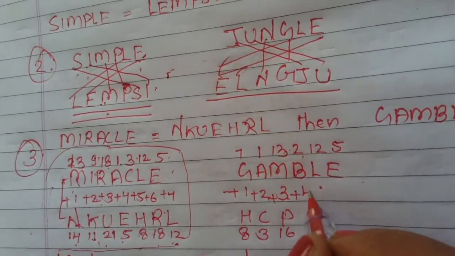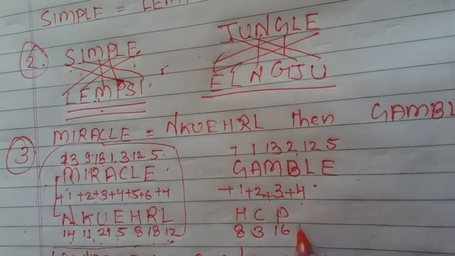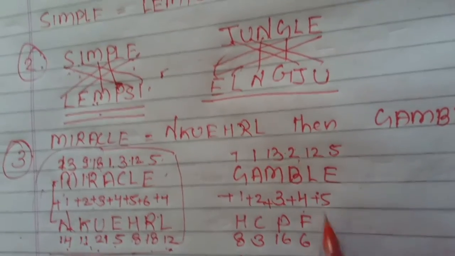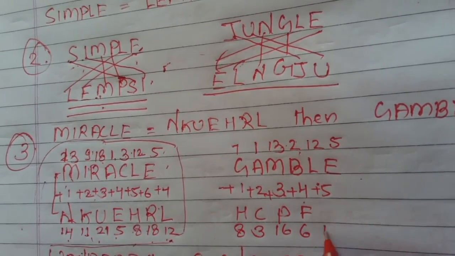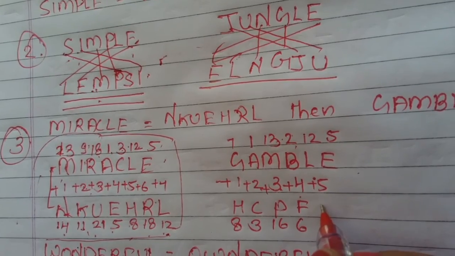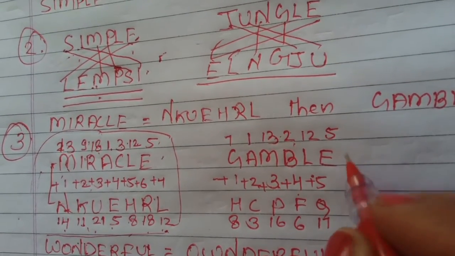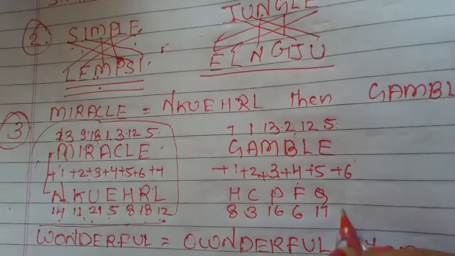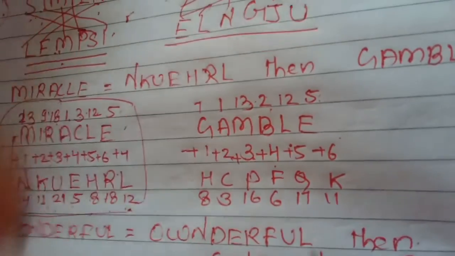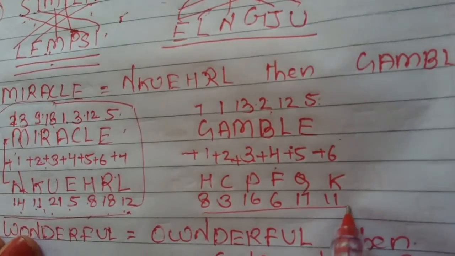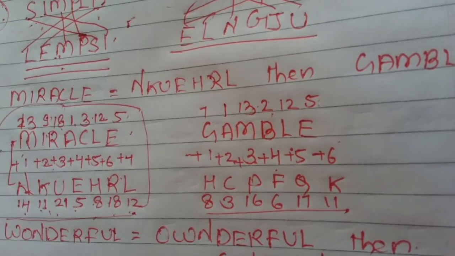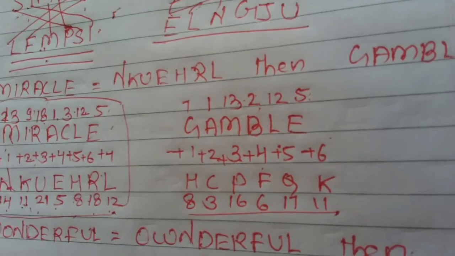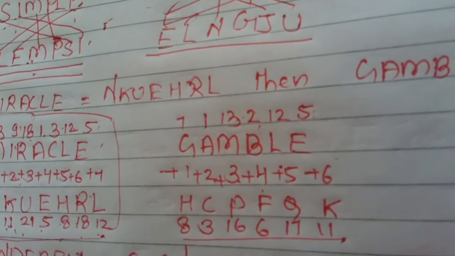In the same sense, 2 plus 4 is 6, and it's F. And 12 plus 5 is 17, that is Q. And in the same sense, 5 plus 6 is equal to 11, and K comes on 11. These are some tricks and patterns to find out the answer quickly. For this we have to learn by heart and mug up the ABCD and its sequence and its opposites.